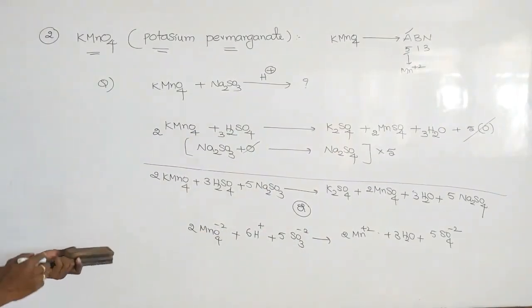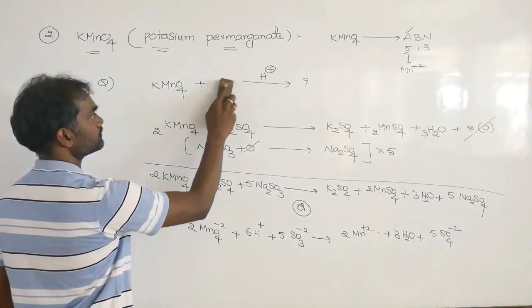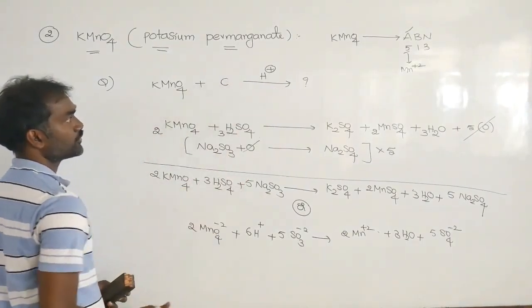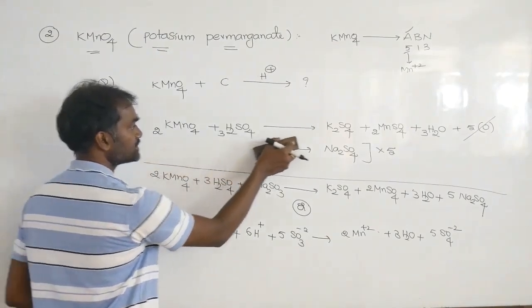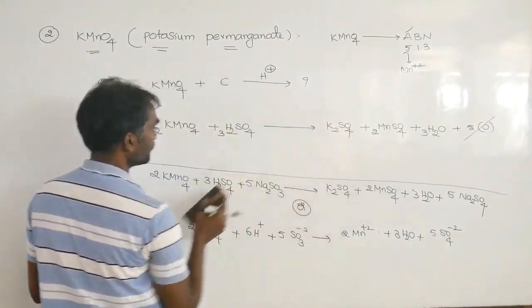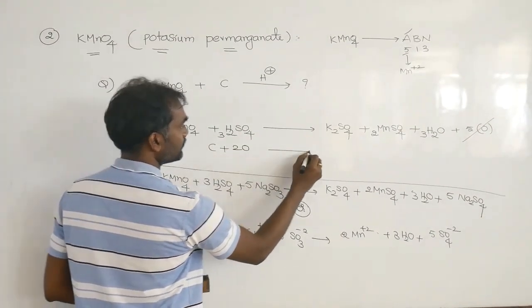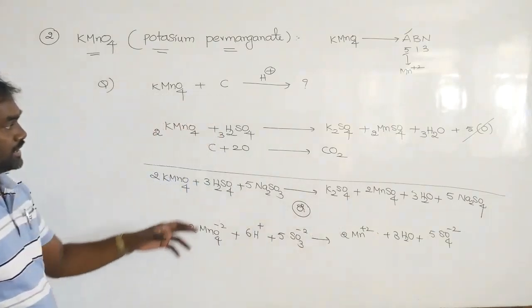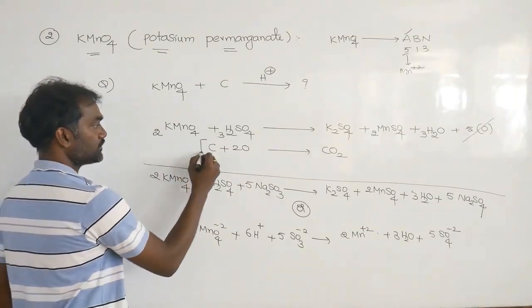Next, suppose you take carbon. Carbon powder treated with KMnO4. So then what happens? Carbon taking oxygen will become CO2. So carbon is taking 2 oxygens, it becomes CO2. See, here 2 oxygens, there 5 coming. So how to balance this one?